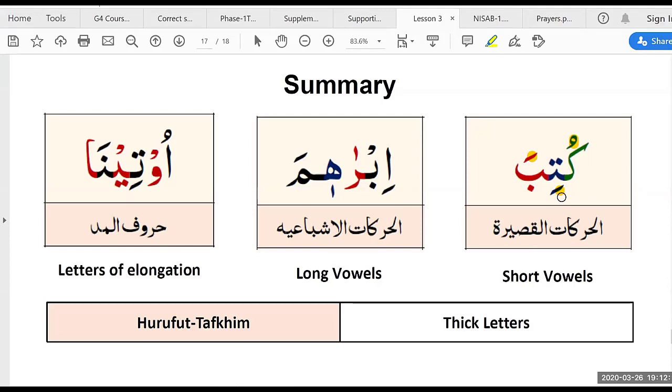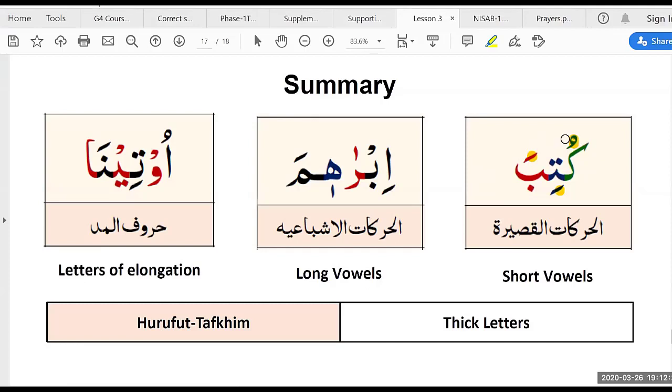Can we pick a different student? Yes, sure. L252. Assalamu alaikum. Wa alaikum assalam wa rahmatullah. We already know that a letter carrying kasra is maksur and a letter carrying fatha is maftuh.